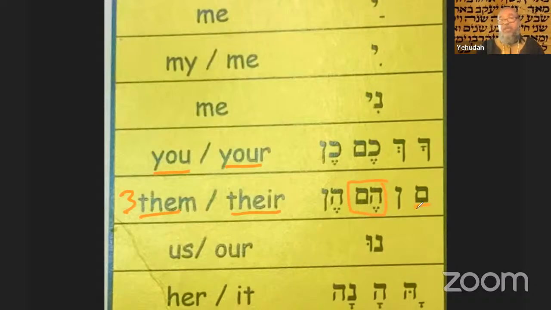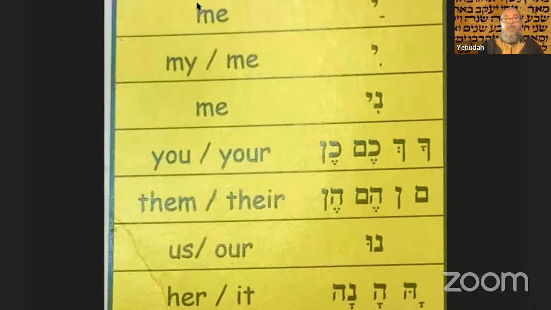So this right here lets me know that it's masculine. This one here tells me that it's feminine. Because the masculine is the mem. You can always remember that. And the feminine is the noon. So here again, mem lets you know it's masculine. Noon, feminine. This letter right here tells you the third person. So you're talking about them. Or you want to give it to their family or whatever.